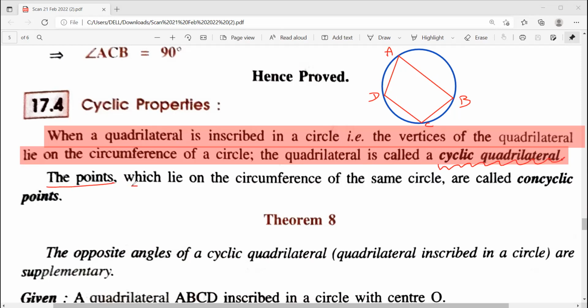The points which lie on the circumference of the same circle are called concyclic points. So the points A, B, C, D are known as concyclic points.